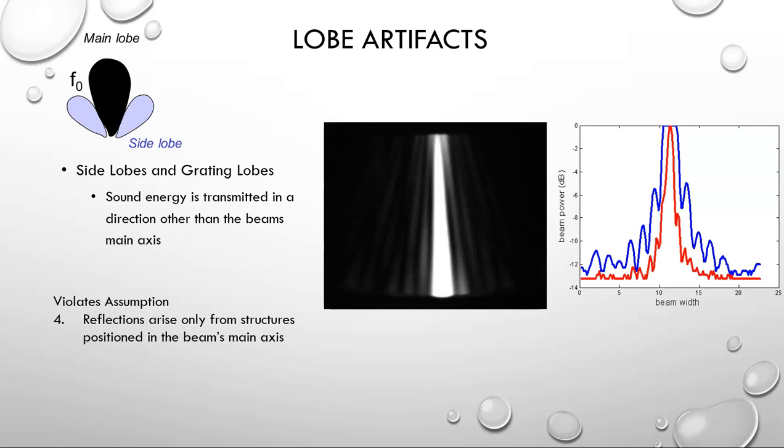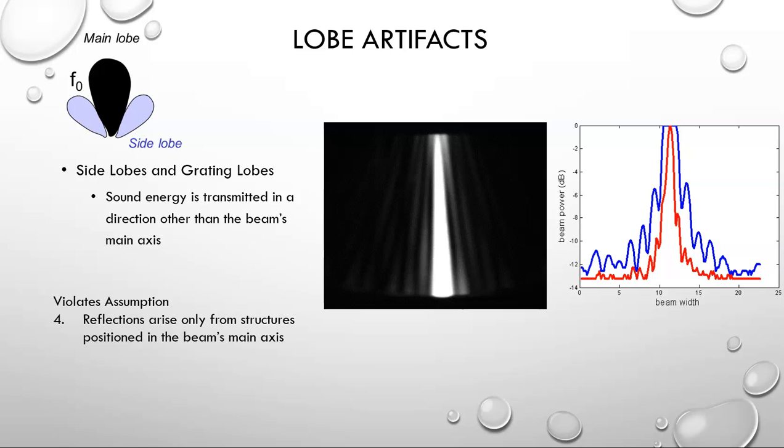Let's talk again about lobe artifacts. We discussed lobe artifacts earlier, but let's bring them up again. Side lobes and grating lobes are due to energy being transmitted in a direction other than the beam's main axis. This violates the assumption that reflections arise only from structures positioned along the beam's main axis. Remember, side lobes refer to these occurrences in a single crystal transducer.